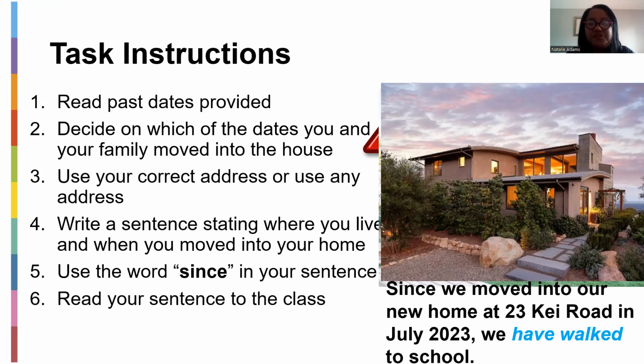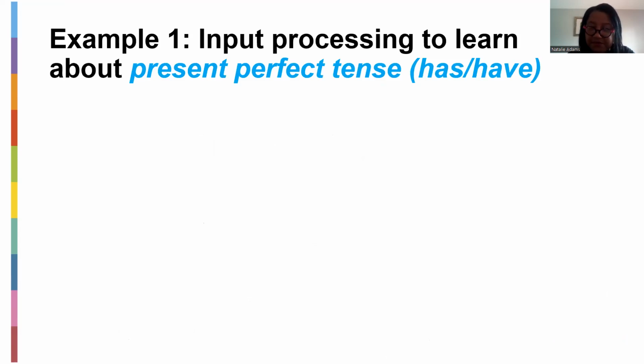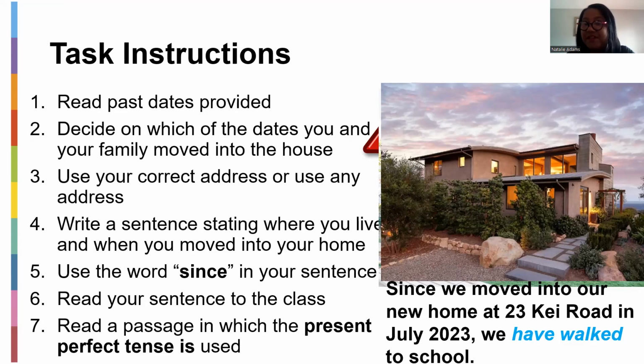Now what they can do afterwards is to read their sentence to the class, and then read a passage in which the present perfect tense is used. So this is how you're going to maybe teach them about the present perfect tense. So for example, the present perfect tense will be there. "We have walked."